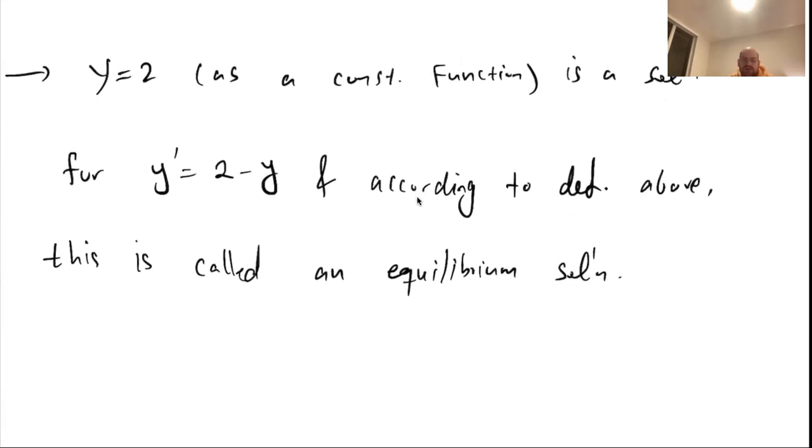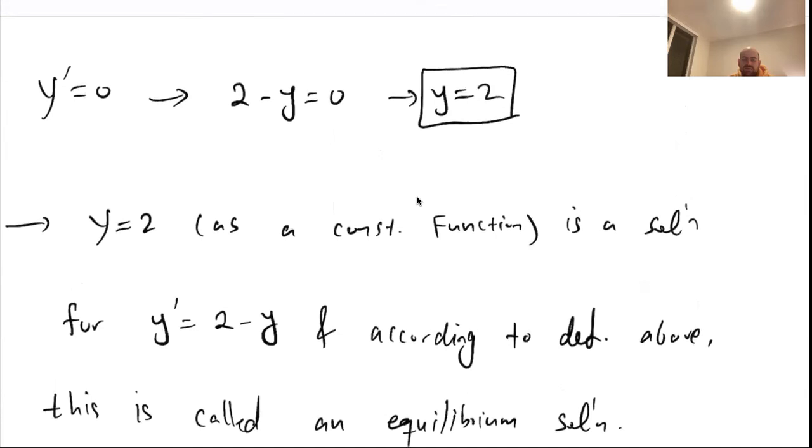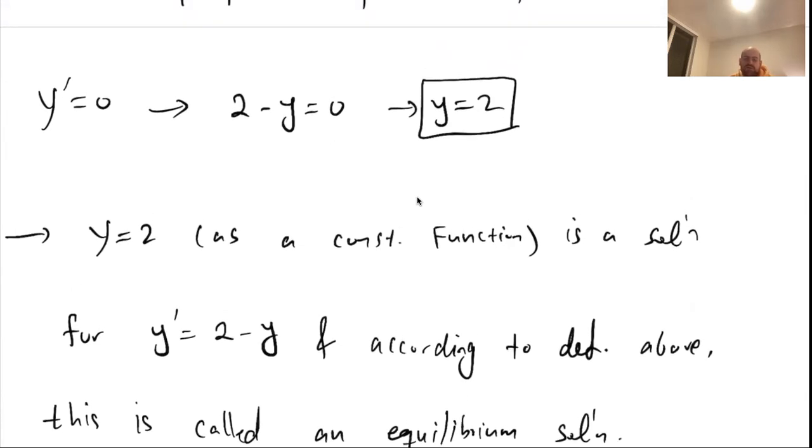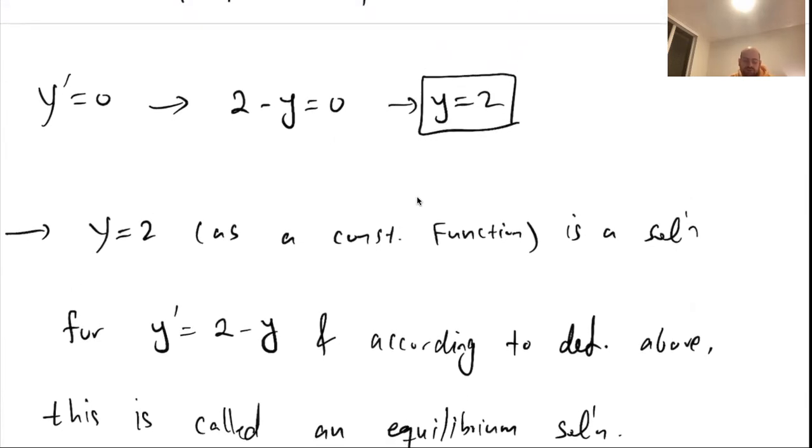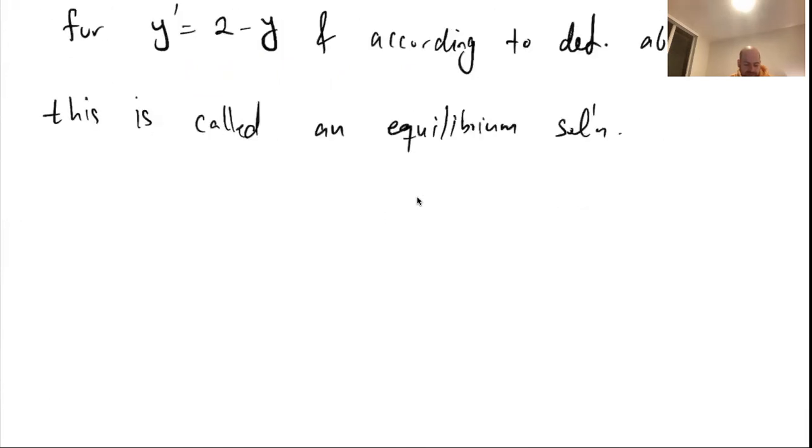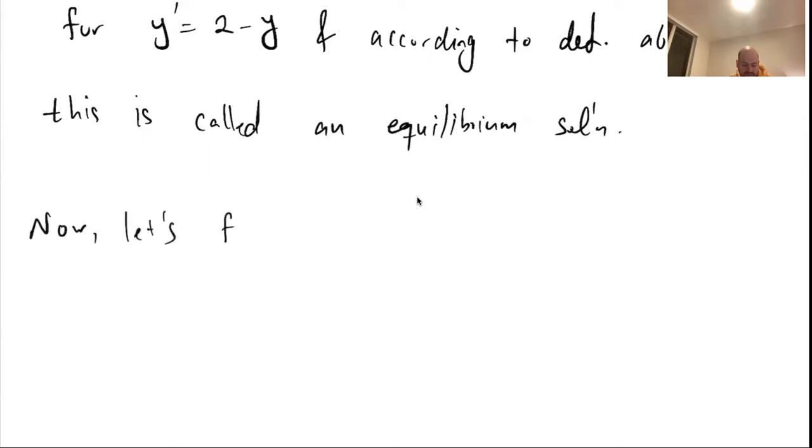Now we want to find out whether this equilibrium solution, or as a critical point, this critical point y equals 2 is stable or unstable.